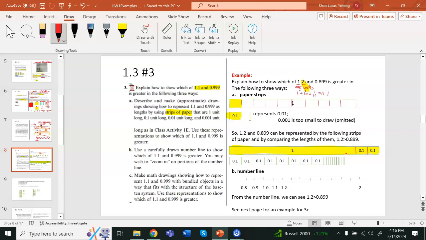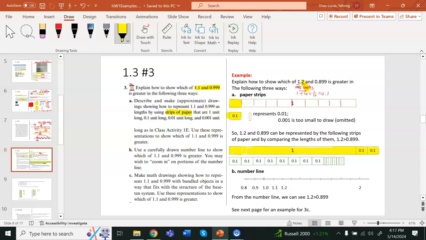Because if you leave gaps, it's going to be longer than 1.2. If we don't leave gaps, from here all the way here, that's 1. Then immediately we start 0.1, that's 1.1. And immediately we start another 0.1, that's together 1.2. Okay, so we have the paper strip for the number 1.2.